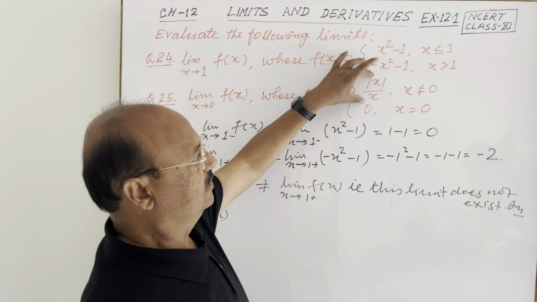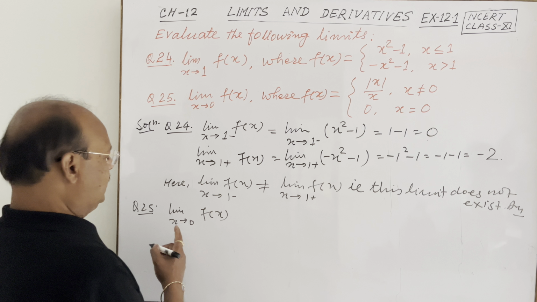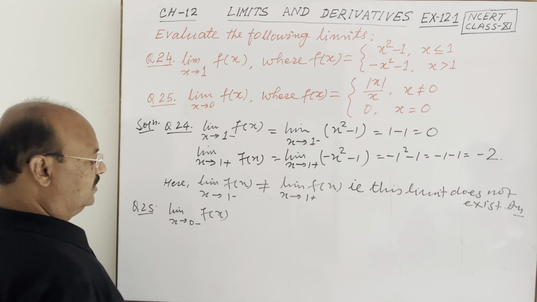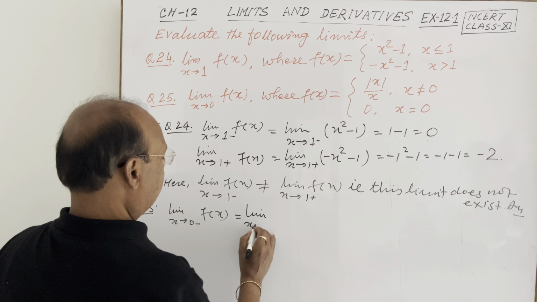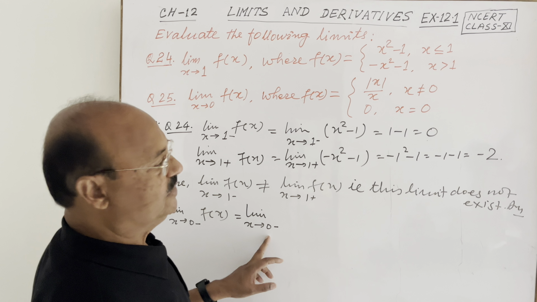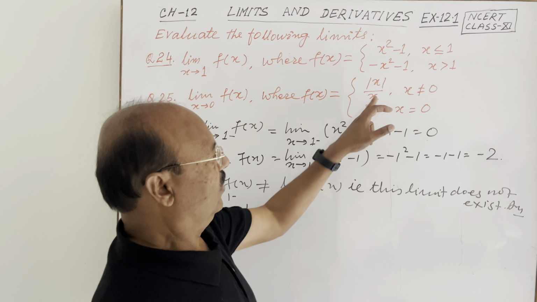So we will take this value of the function. Okay, so let us take limit x tends to 0, left hand limit 0 minus f(x). This is equal to limit x tends to 0 minus, here x is not equal to 0, slightly smaller than 0, so this will be mod x by x.